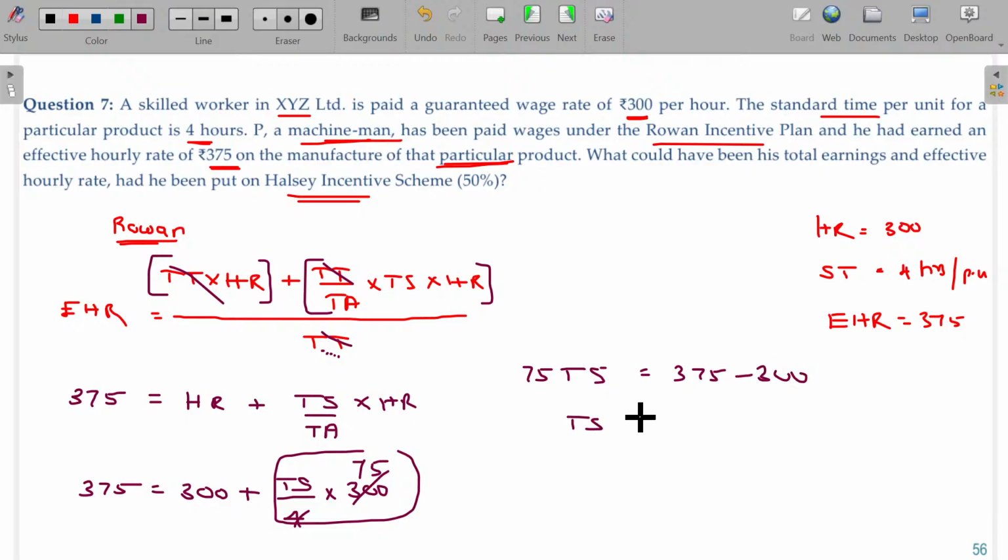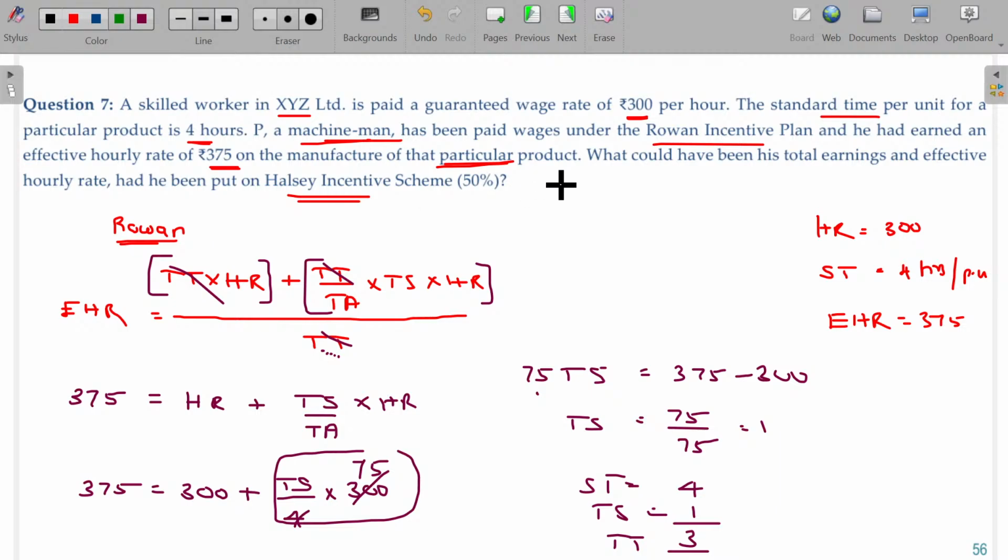So time saved is equal to 75 divided by 75, that is 1. Time saved being 1. So standard time is 4 and time saved is equal to 1 and time taken should be 3.